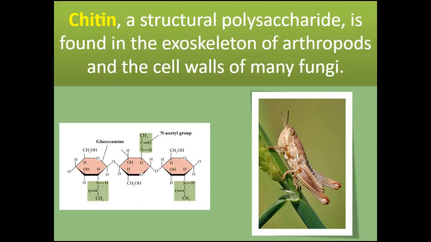Another polysaccharide called chitin has a structural function, found on the exoskeletons of arthropods and the cell walls of many fungi, like this grasshopper, with an exoskeleton made from chitin.